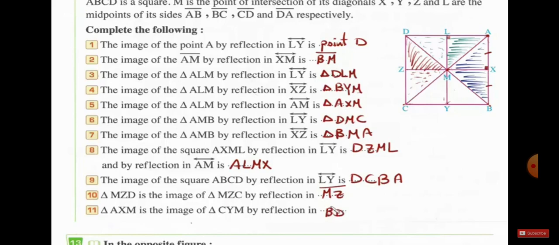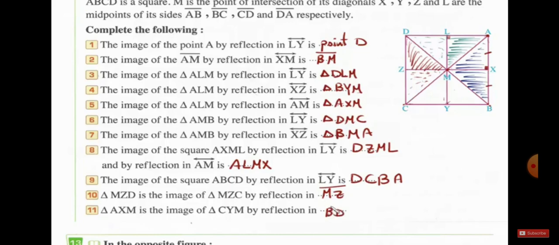Then D is the reflection of point A. Number 2: the image of AM by reflection in XM. With the x-axis, BM is the reflection of AM.